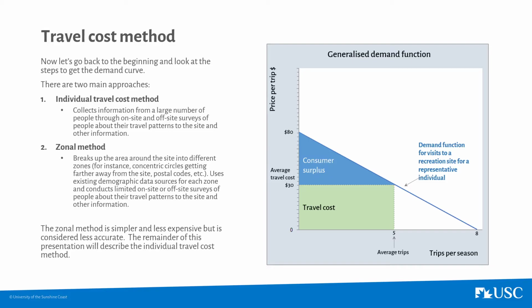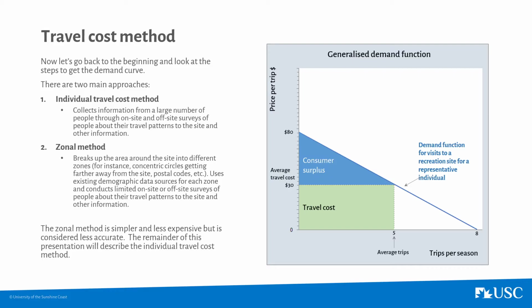Because they're traveling presumably a similar distance from that zone, that would help to simplify the data collection, and we might even be able to use existing demographic data, for instance, Australian Bureau of Statistics data, on demographic characteristics of people that lived in that subdivision or postal code, and then supplement it perhaps with some limited on-site or off-site surveys.